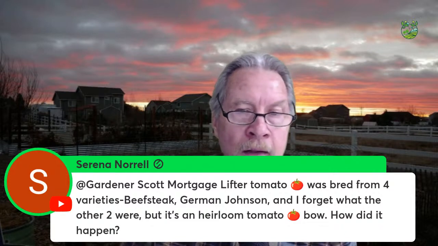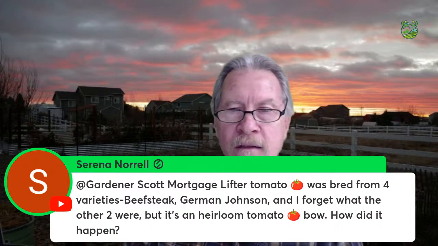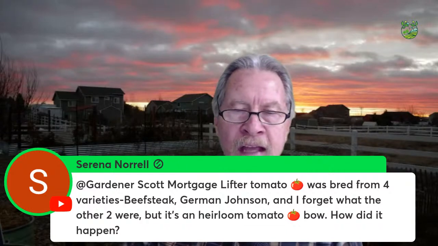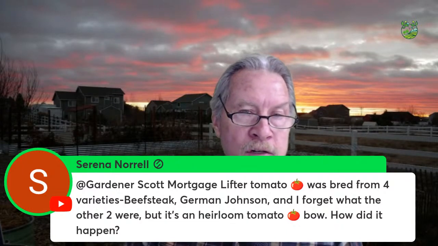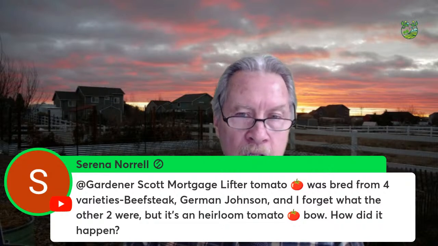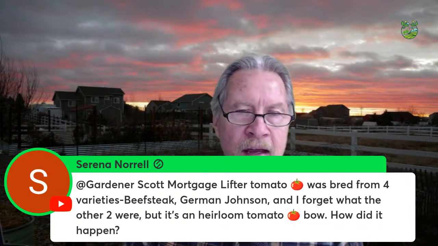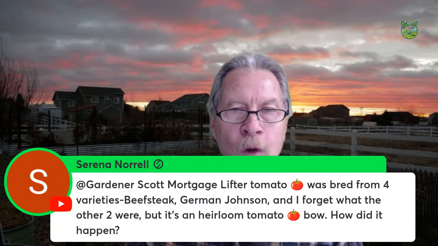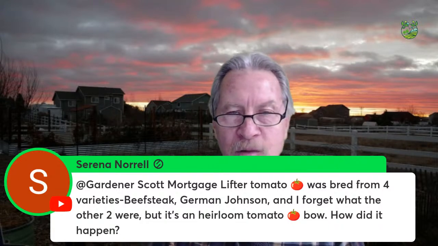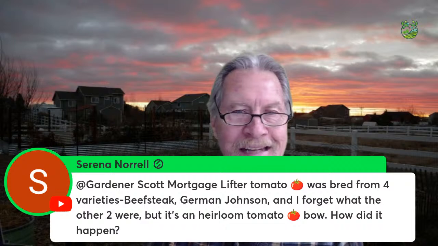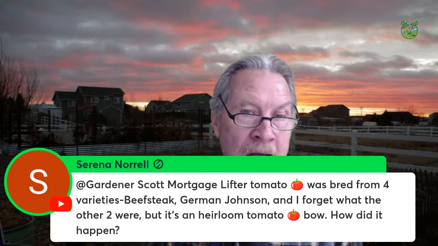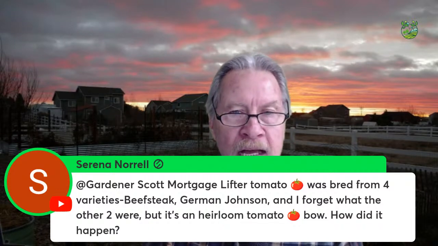It's the same way. And so the mortgage lifter goes back to the 1920s and then into the 1930s. And that's what that gardener did. He looked at what was happening in the garden and chose plants that were doing the best. The mortgage lifter had a beautiful big beefsteak tomato, and over time he stabilized the genetics.